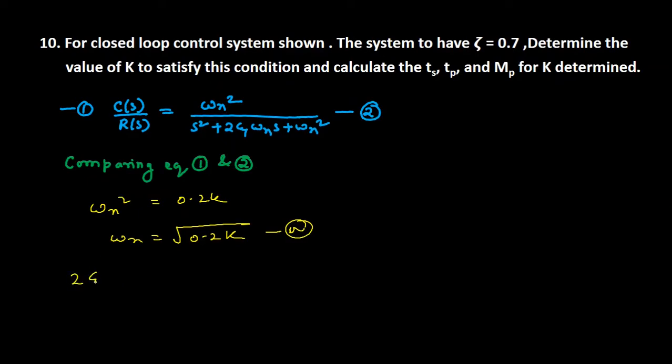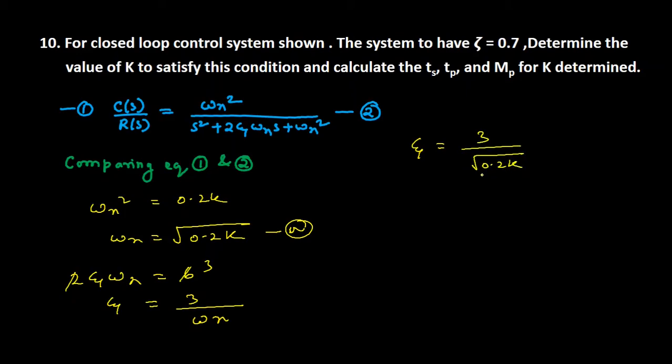And again we get 2 zeta omega n will be equal to 6. From this equation, zeta will be equal to 3 divided by omega n. Now we put the value of omega n here from equation number A. Then zeta will be equal to 3 divided by under root 0.2K. Now we square both sides, we will get zeta square is equal to 9 divided by 0.2K. The damping ratio zeta is equal to 0.7 is given.